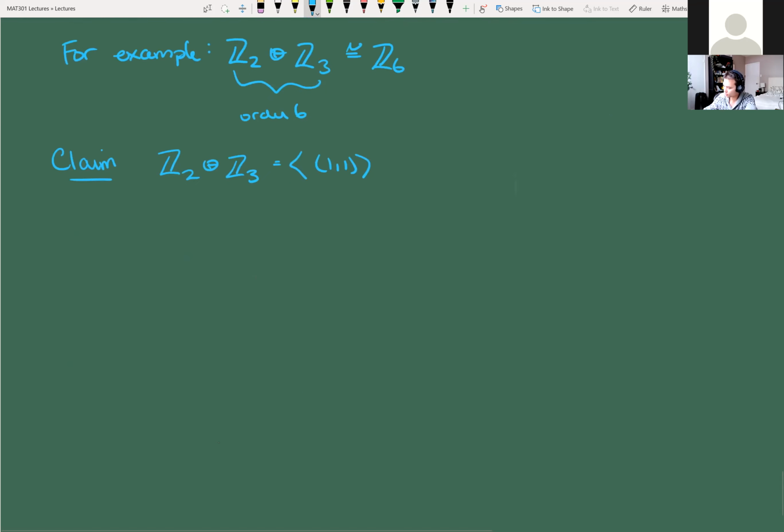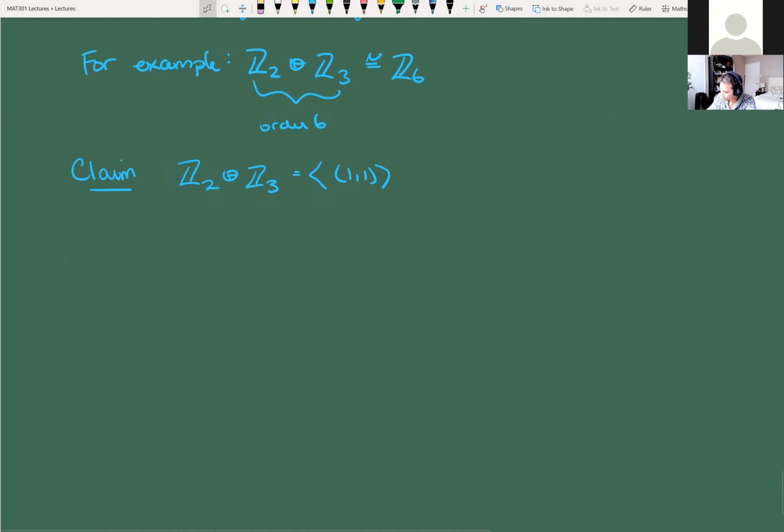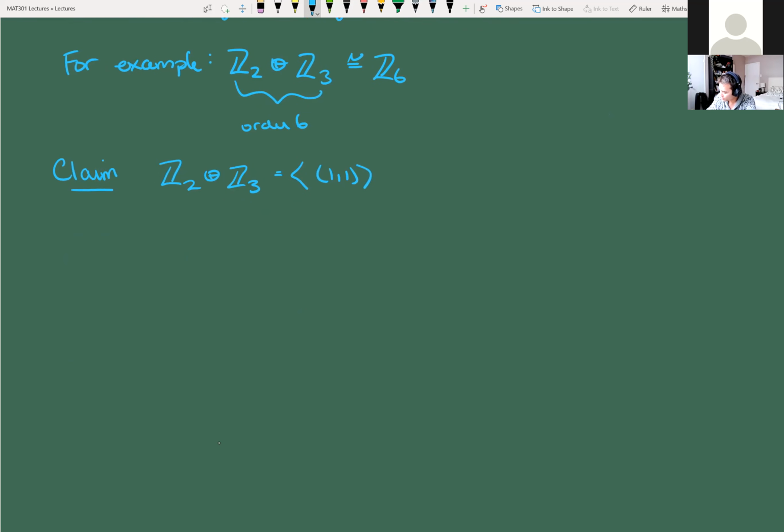But what we can actually do is step through and I think it's worthwhile to see that this has order 6 and to see what happens. Okay, so let's try it. If I do (1,1), I like to write this in multiplicative notation. I think Ali would typically do it in exponential notation. But 2 times (1,1) is going to be (0,2), right? 3 times (1,1) is going to be (1,0).